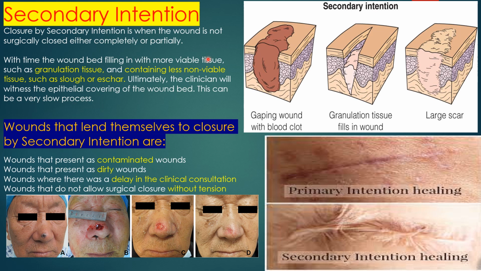Then coming to the indication for secondary intention: if a wound presents with very much contamination, we have to give daily wash and debridement to get granulation tissue. Once the granulation is there, it will reepithelialize itself. That is called secondary intention.